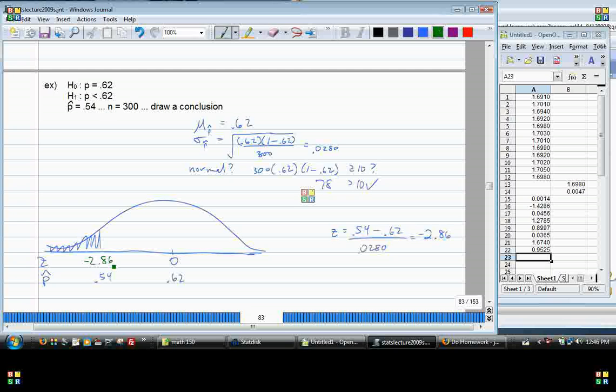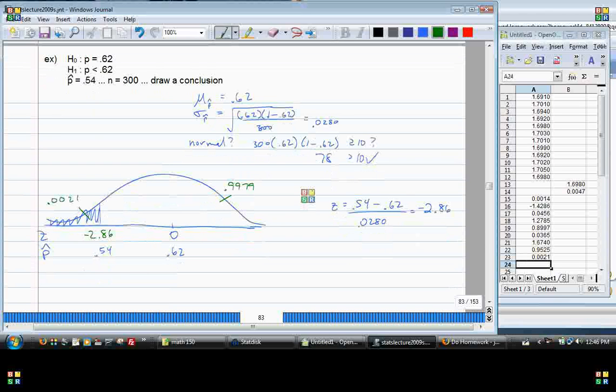So now we find the area. Equals norm.s.dist of negative 2.86, 0.0021. So the area in the tail is 0.0021. The area on the other side, the fat middle, is 0.9979. So finally, conclusion.